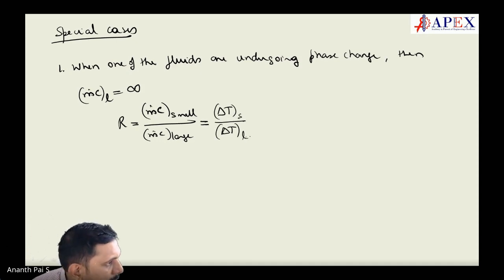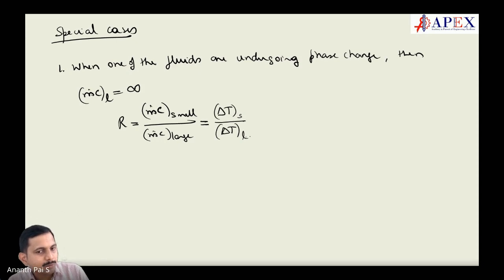Is it small by large? See, you have to understand this. Delta T small corresponds to m dot c large, and delta T large corresponds to m dot c small. So it's proper.